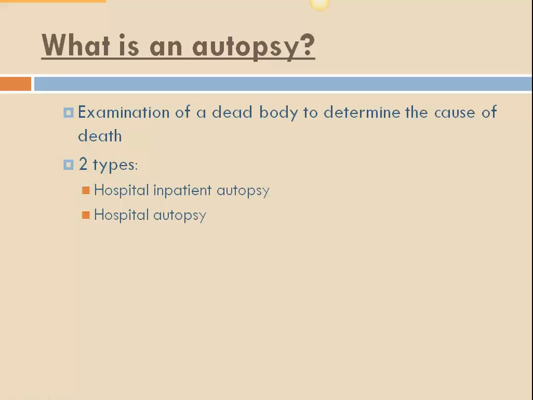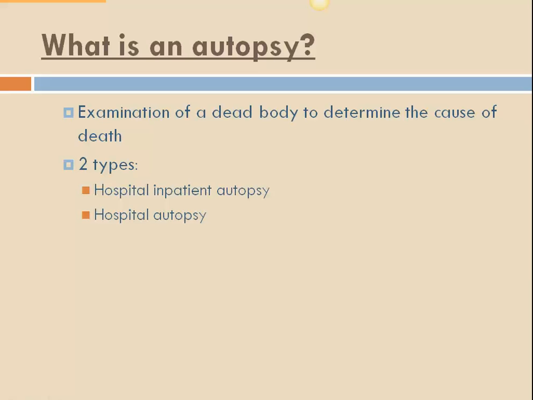Now, there are two different types of autopsies that you need to be able to distinguish between when you're calculating these rates. There are hospital inpatient autopsies and hospital autopsies. And the main difference is that for the hospital inpatient autopsy, the patient who is deceased actually was an inpatient at the time of their death, and their autopsy is then performed by either a pathologist or an MD, whoever has been designated to do that on the medical staff.